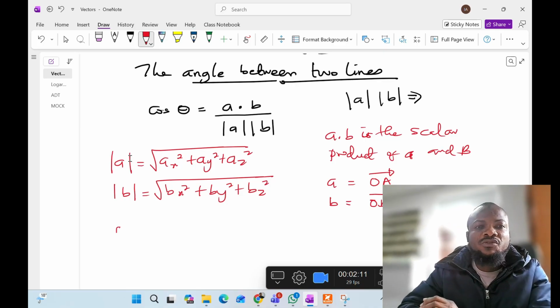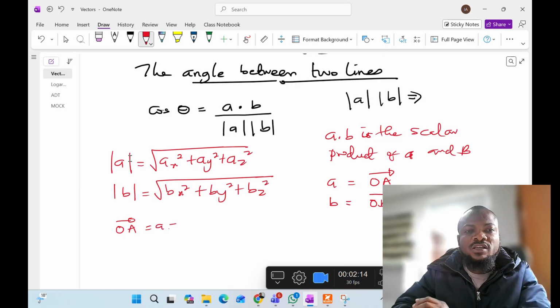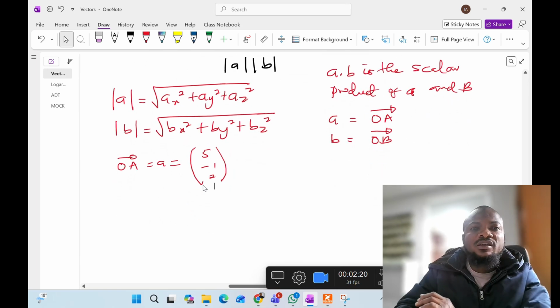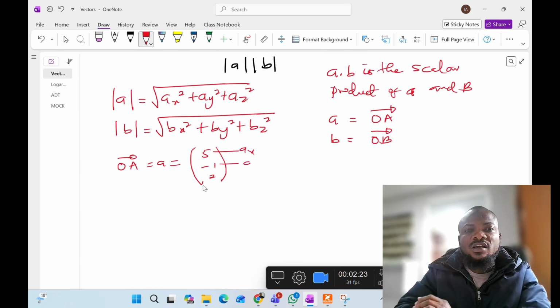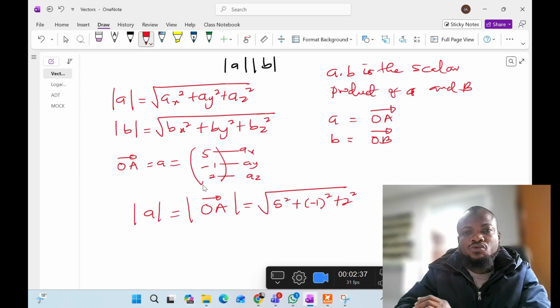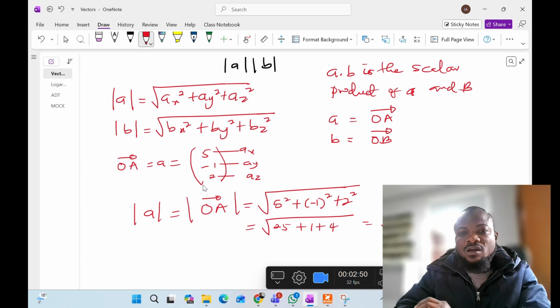For example, if OA, which is also equal to A, is equal to (5, -1, 2), the first value here is AX, this is AY, and this is AZ. So the absolute value of A is equal to the square root of 5 squared plus (-1) squared plus 2 squared, which is the square root of 25 plus 1 plus 4. That is the square root of 30. I hope this is well understood.